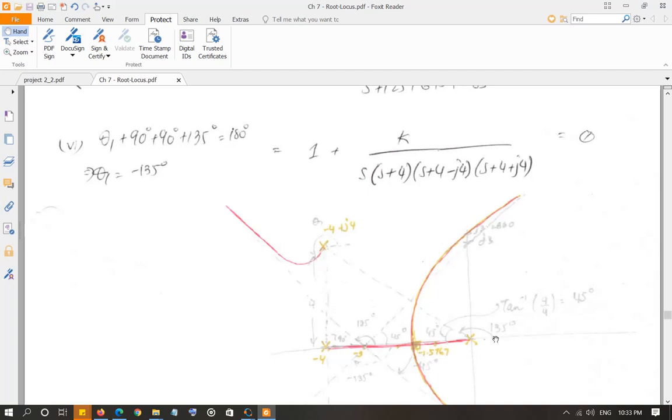And how am I going to calculate the angle? This angle right here. So again, I know that this is -4, this line, and this line is also 4. So this is 4 and this is 4. That means this angle is going to be 45 degrees, right? X and Y are the same.